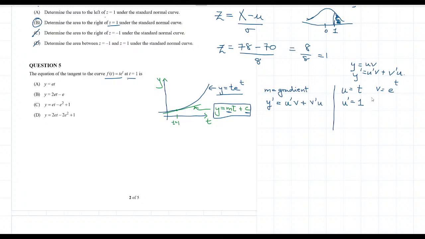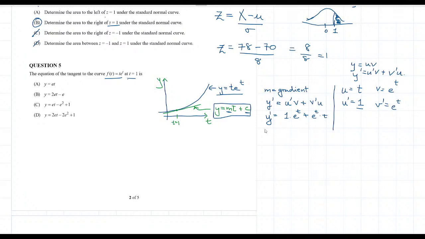Now we've got u, u dash, and v, and the v dash is going to be the derivative of e to the t, which is still just e to the t. So we can write our derivative as u dash v, which is 1 times e to the t, plus v dash, which is e to the t, times u, which is t. So e to the t times t.